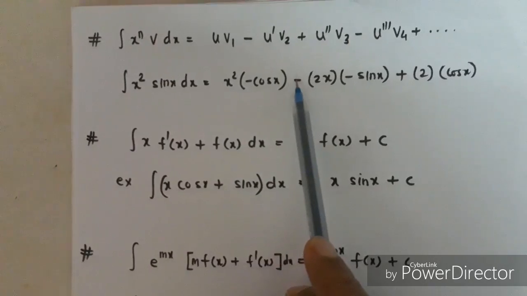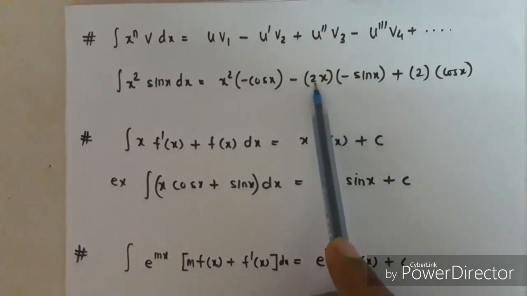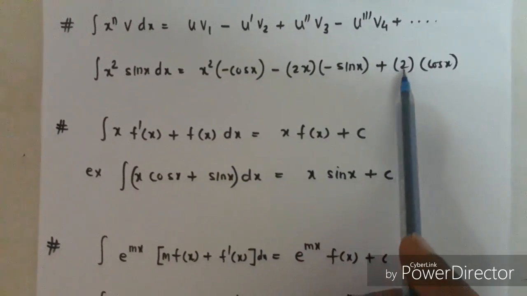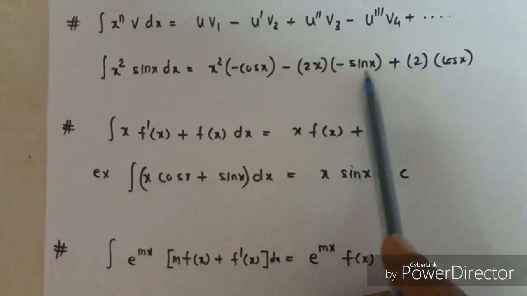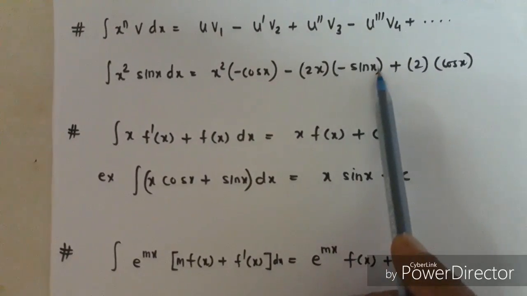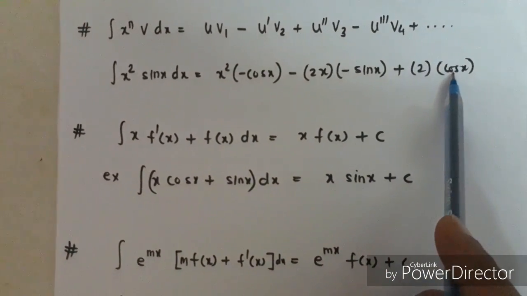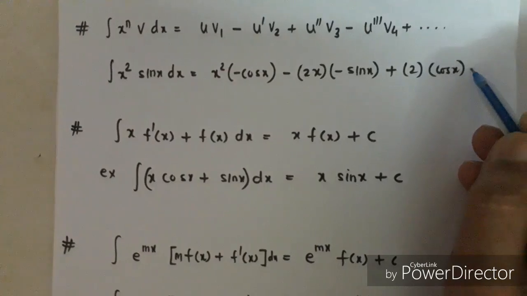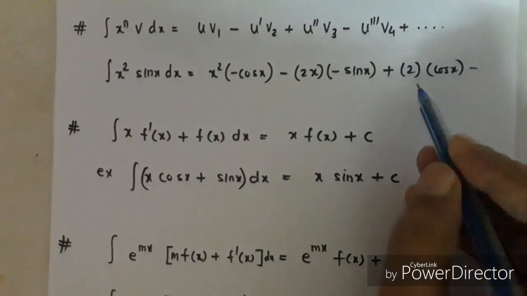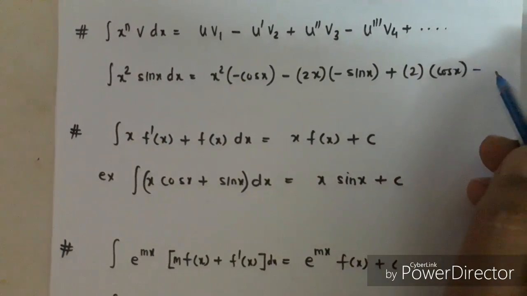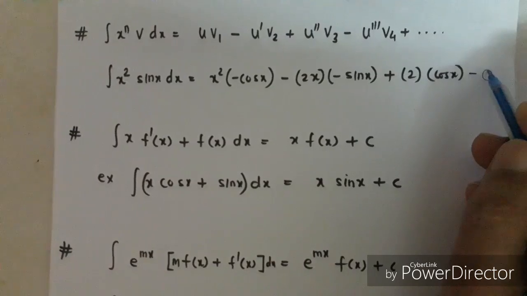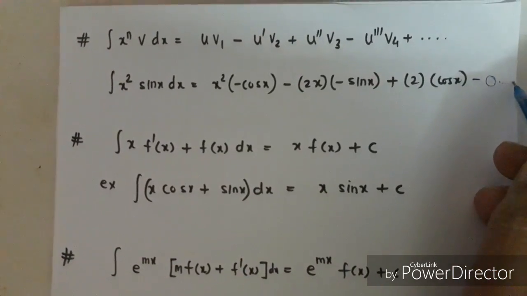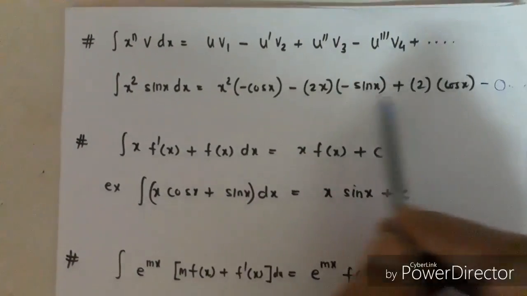It was plus, then minus, then again plus. Derivative of 2x, that is 2. And integral of this term minus sin x is equal to cos x. Then we put a minus sign, and derivative of this 2 is going to give you 0, and further terms will all be 0. So we stop here and this becomes the answer.